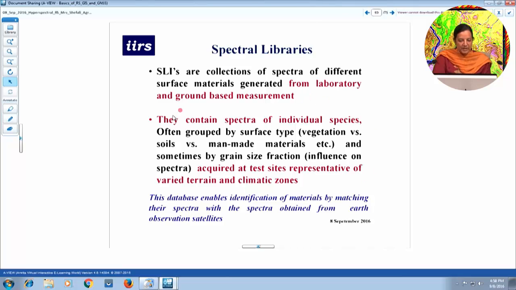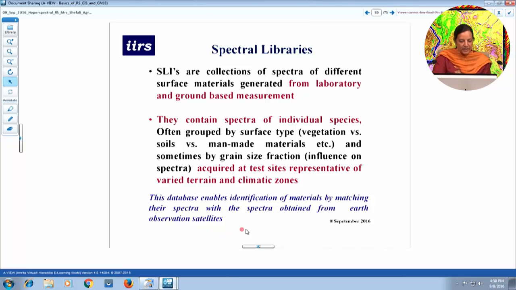Some of the spectra are also available on the websites of JPL NASA, USGS, and the Astra Library. Many spectra are available, or you can collect them from your own ground instruments, your spectroradiometer, and generate a spectral library of different land cover features in that area.